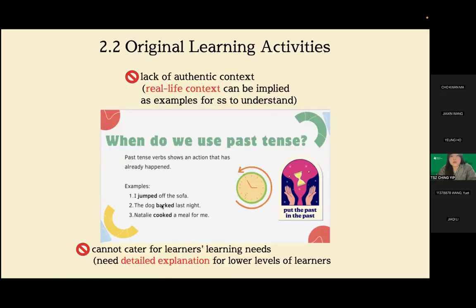And also there is a lack of authentic context. If we use real-life context, it can serve as an example for students to understand the content more easily and to connect to the topic. And also the lesson cannot cater for learners' needs, and it needs more detailed explanation for lower-level learners.